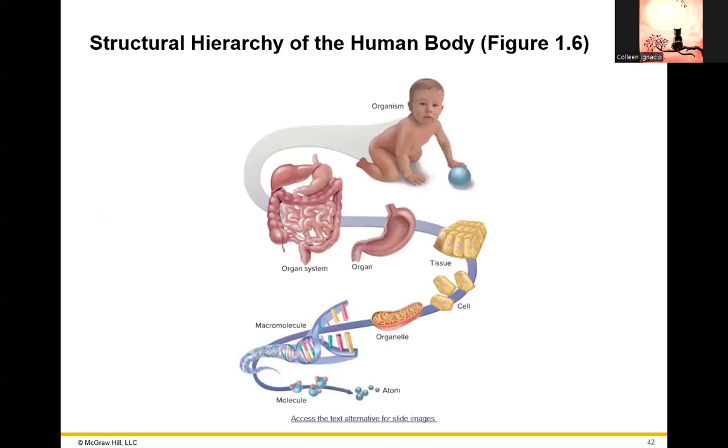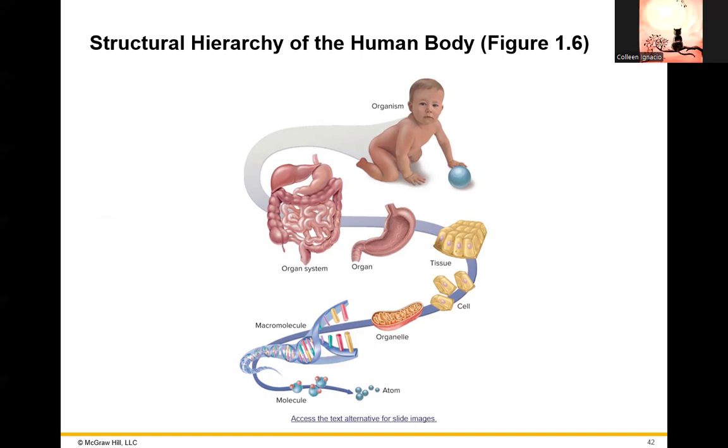So here is the structural hierarchy of the human body. So let's start at the smallest part, right? We're going to go from least to greatest, from smallest to largest. We'll start with an atom, and then we have molecules, okay? And then we have macromolecules. Macromolecules combine to form organelles.